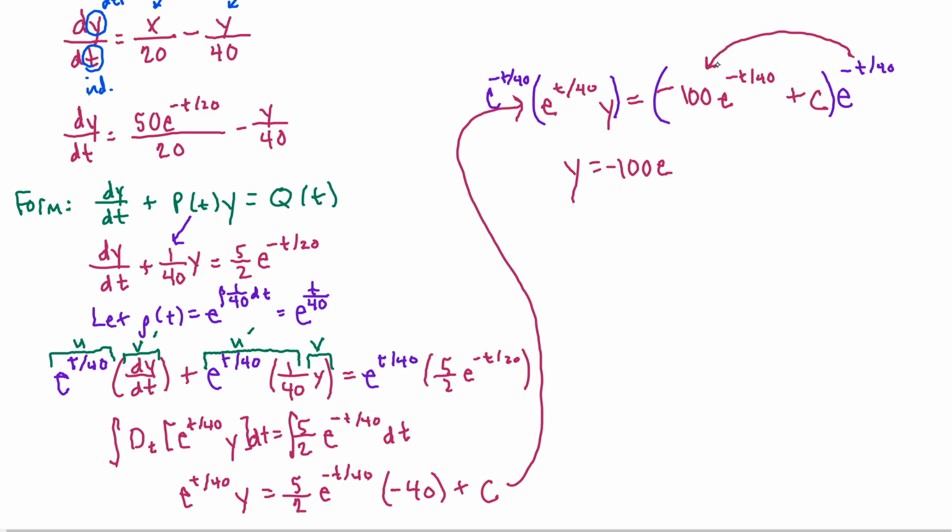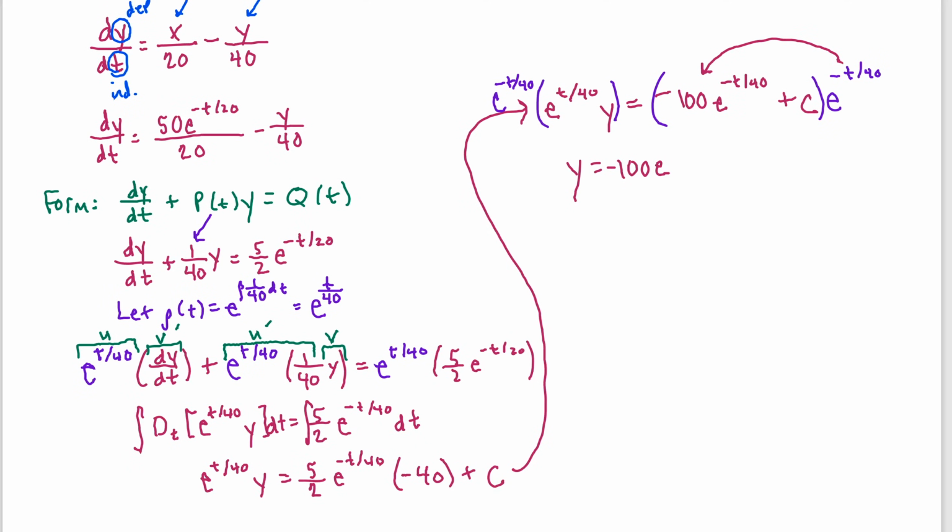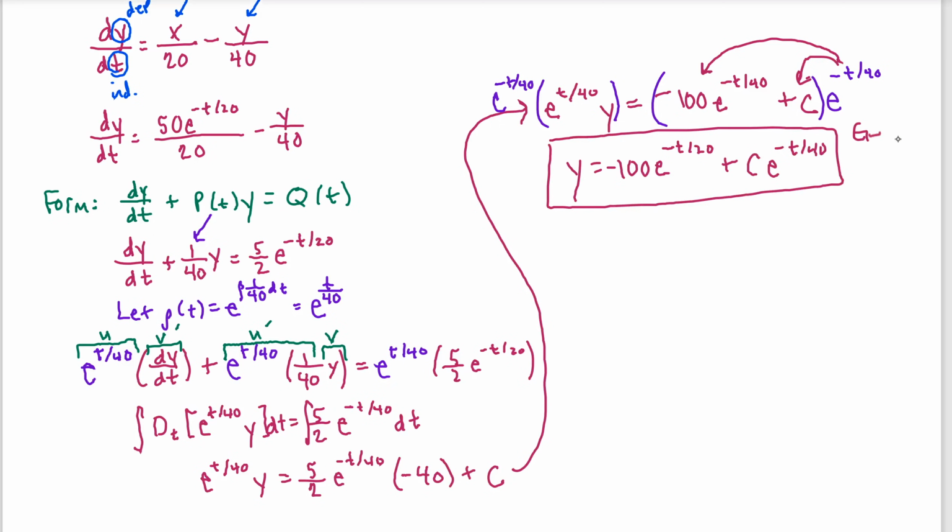That's going to give me negative 2 over 40, or if we reduce, negative 1 over 20, which we can write negative t over 20, plus distributing here as well, right? C e to the negative t over 40. So we have arrived at the general solution, which models the amount of salt in tank 2 at any time t. To make it particular, we need to apply our initial conditions.